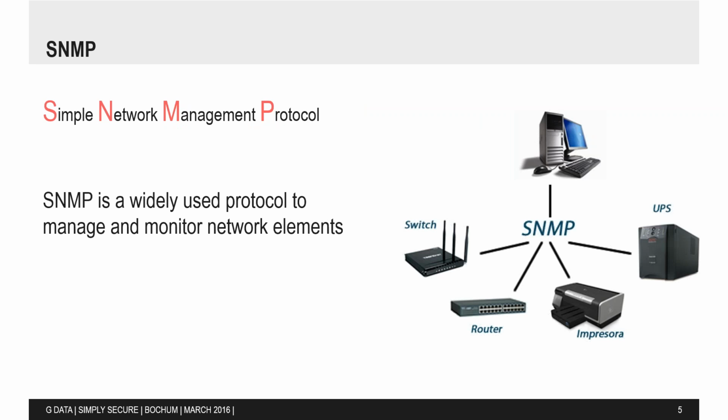SNMP is a protocol that is widely used to manage devices on the network, so things like routers, switches, printers, even servers will send out information about their status, and this information is collected by the GData monitoring tool.